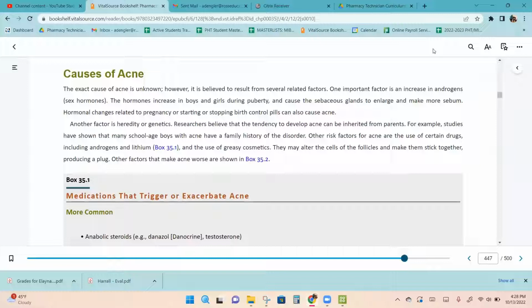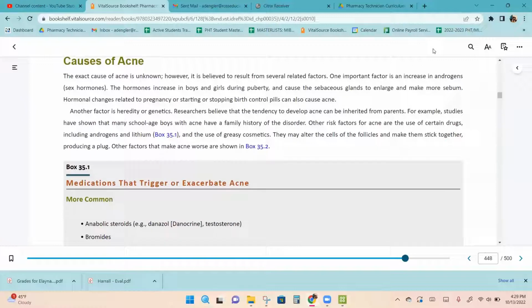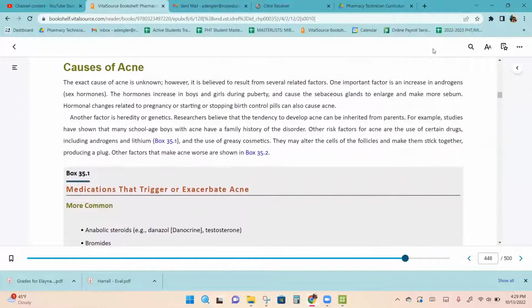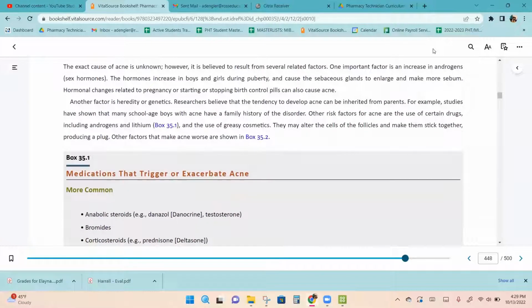There are going to be hormonal changes during pregnancy or starting or stopping birth control. So it's not uncommon for someone to say, I've never had acne ever until I was pregnant, and now I'm having acne. That's pretty common. Another factor can be hereditary or genetics.